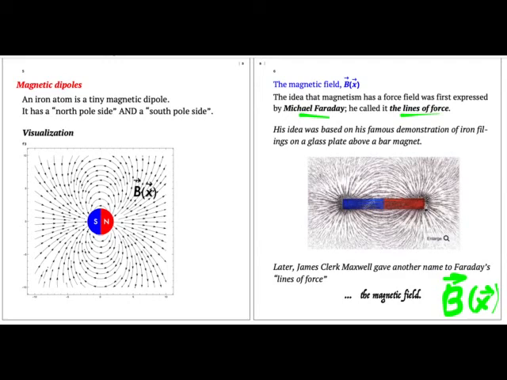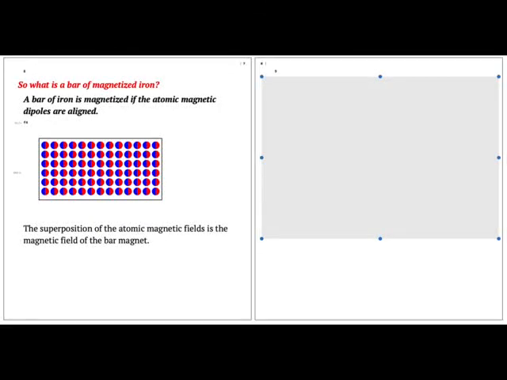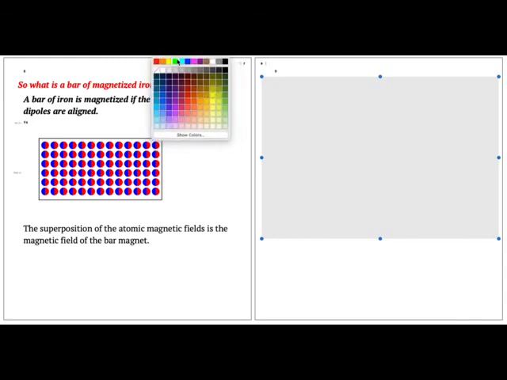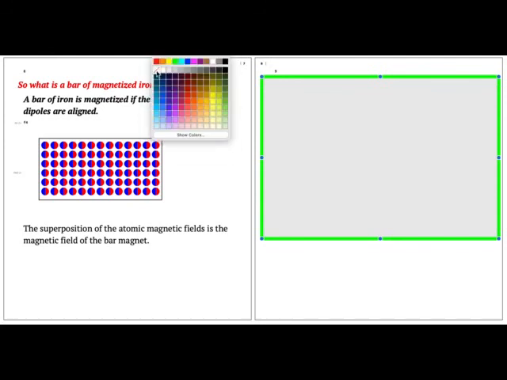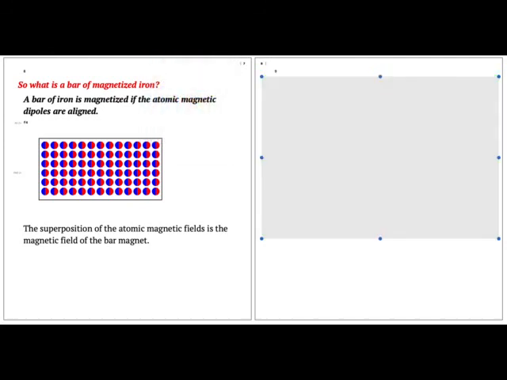Why does a bar magnet have two poles? Okay, why does a bar magnet have two poles?